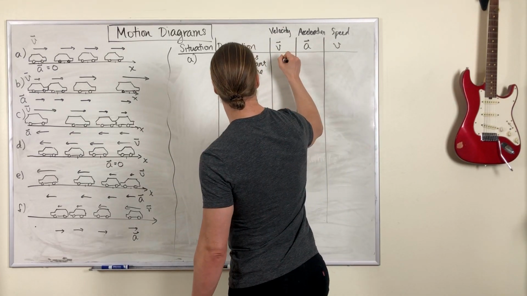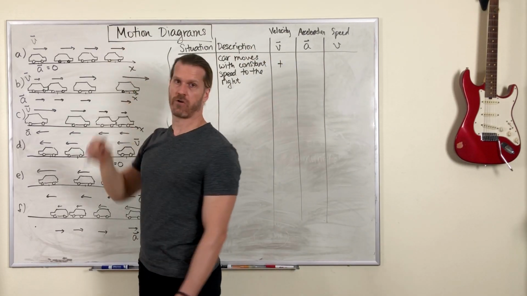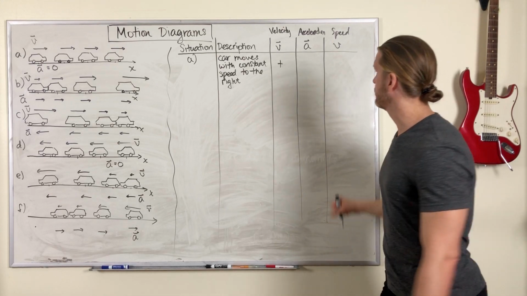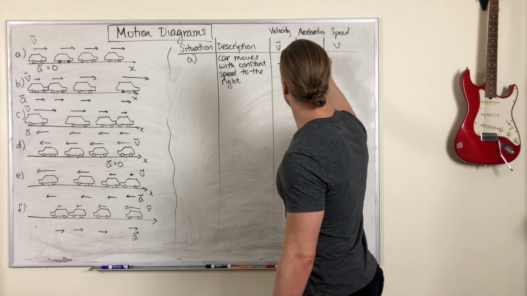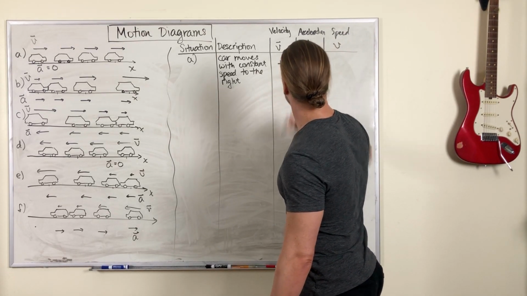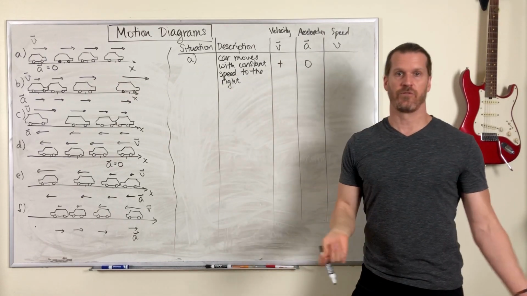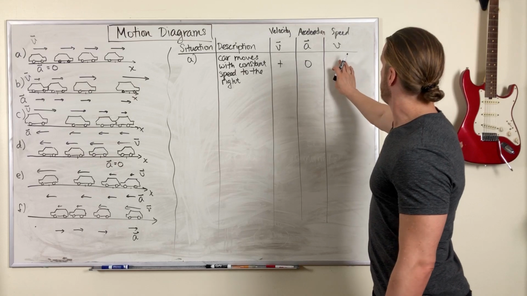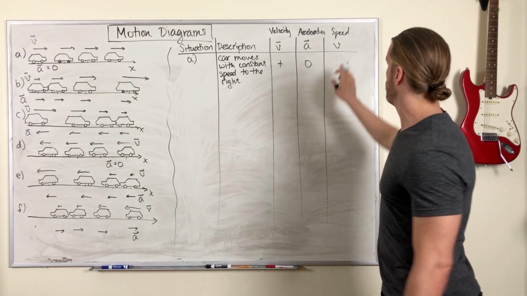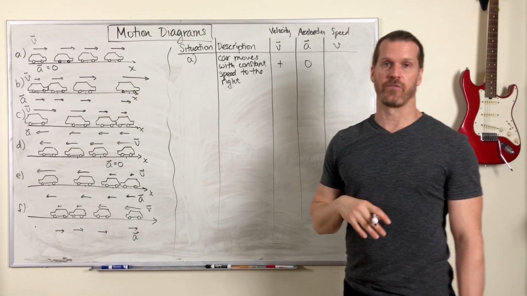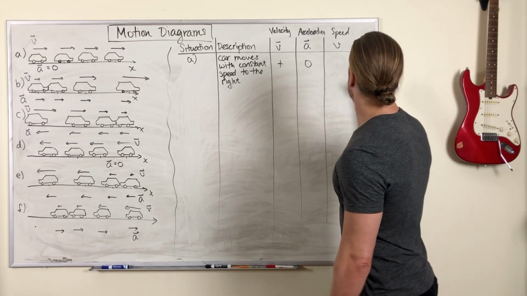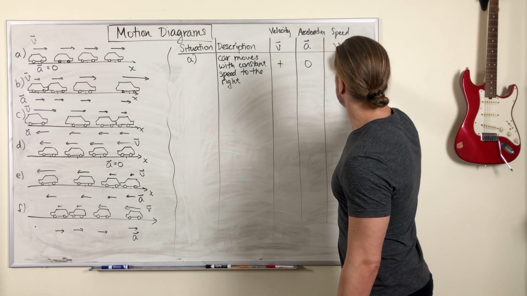So for situation A, the velocity vector was positive because the car is going in the positive direction with respect to that coordinate system. The acceleration vector in situation A was 0, so 0 doesn't have a sign. And the speed, what I want to do in this column is to say whether the speed is increasing, decreasing, or staying the same. And here the speed is staying the same.